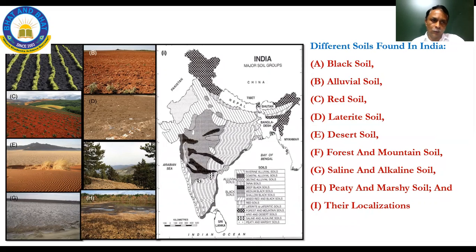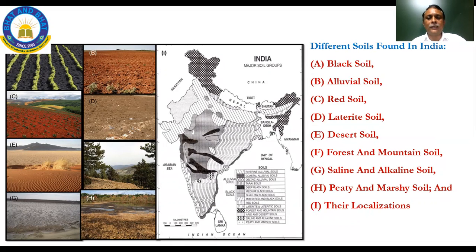On the top left hand, you will see the black soil, really black in color. Then next to the right, B is alluvial soil, C, red soil. You can see the difference between B and C. The red soil, that's because of the presence of iron oxides. It's really rich red in color. D is laterite soil.